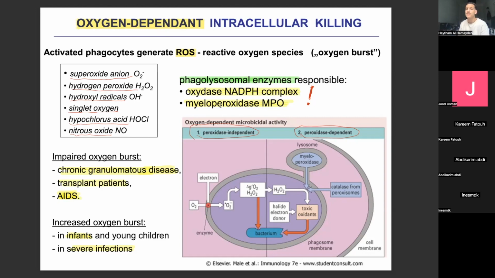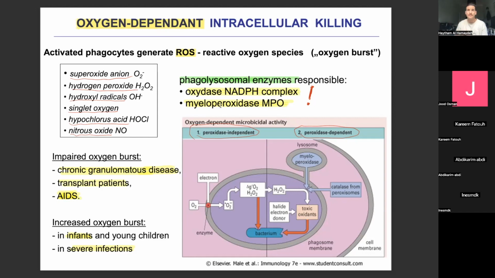Exactly. Why we don't need those ROS to be active all the time is because they are actually toxic and can interfere with, let's say, mitochondrial metabolism to produce ATP. So they have to be inactive most of the time. The enzymes responsible for activating those ROS species are the NADPH oxidase complex and myeloperoxidase, MPO.